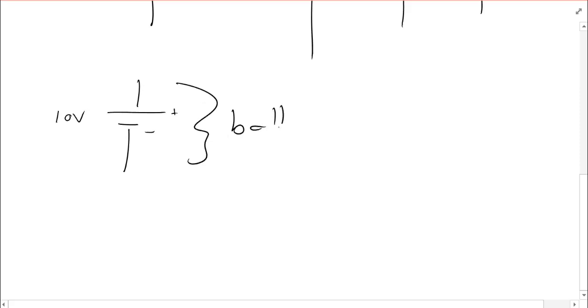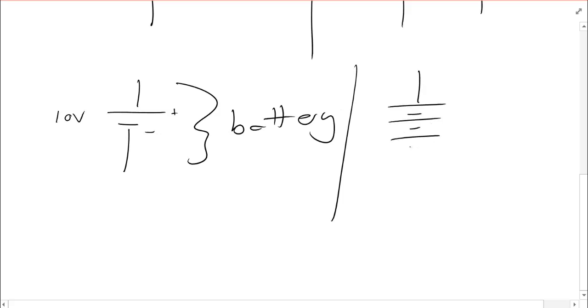Another one you're going to see, which represents almost the same thing, is a battery symbol. And again, it might have, say, 10 volts across it. This one specifically means battery. Sometimes you'll see it with multiple lines, and it'll still say 10 volts. What this means is this whole element has 10 volts across it, from this point to that point.